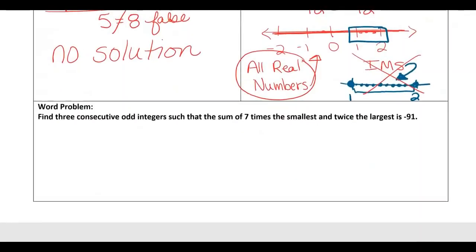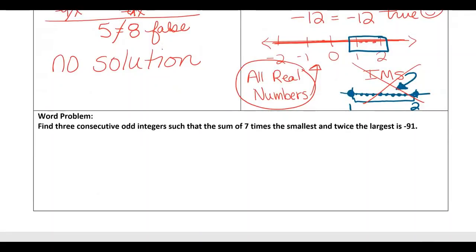Last but not least, we must talk about word problems. This one says, find 3 consecutive odd integers such that the sum of 7 times the smallest and twice the largest is negative 91. Well, the first thing you have to identify is your unknown. We are really dealing with 3 unknowns, but we also have to know math.